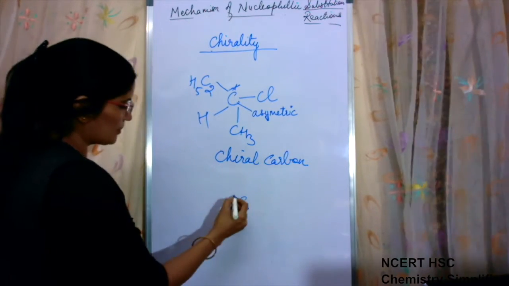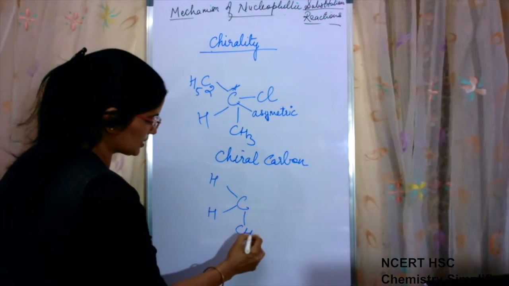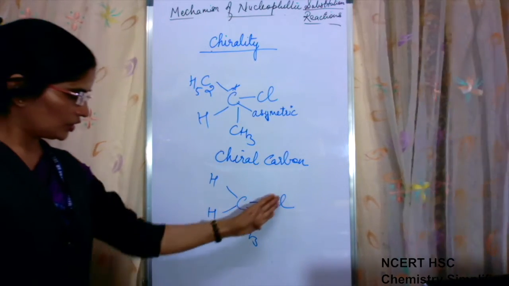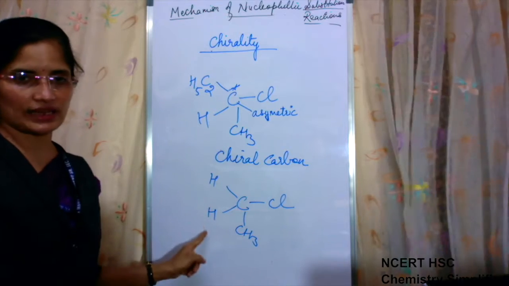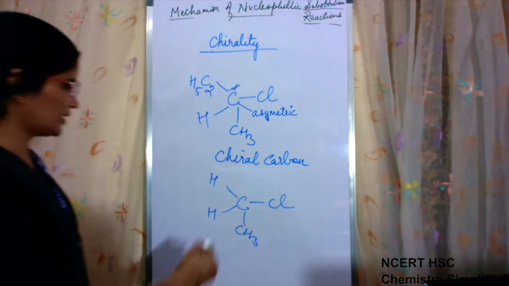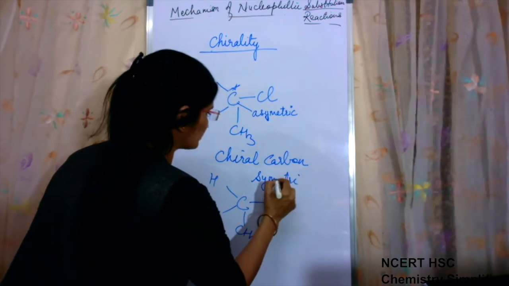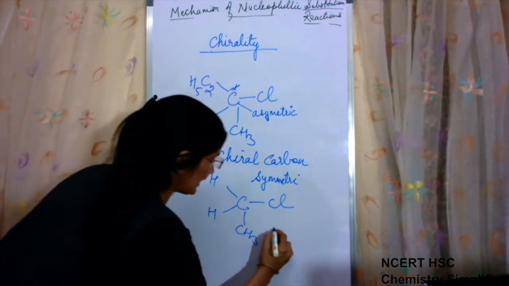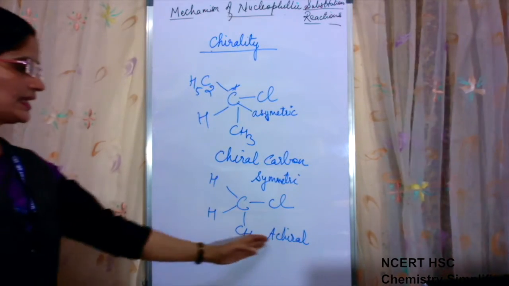Opposite to this, if a carbon atom has one H, another also H, this is CH3, this is Cl. In this carbon atom, we have 3 different groups, but these 2 groups are the same. Now this carbon atom is not an asymmetric carbon atom, it is a symmetric carbon, and it is known as achiral. One which is not chiral is achiral.